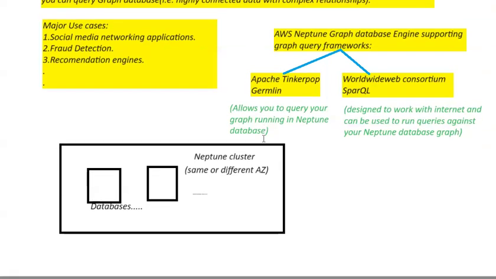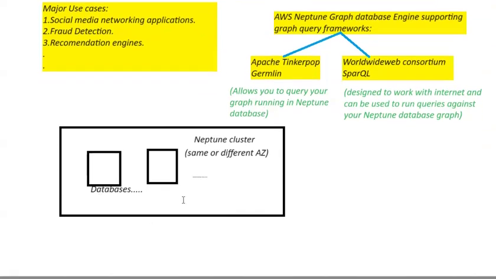Coming to database storage, so what about storage? In addition to these instance storages, a Neptune cluster also has additional cluster storage. In that cluster storage, you can add as many SSDs as you want, up to 16 terabytes.